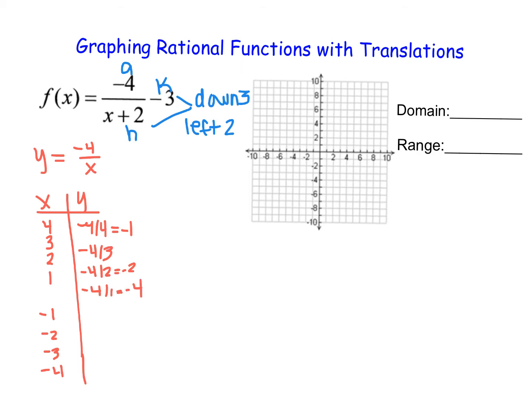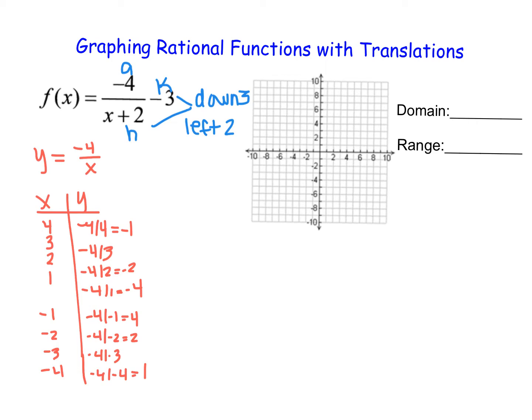I then also have -4 over -1, which is 4, -4 over -2, which is 2, -4 over -3, and -4 over -4, which is 1. So I've calculated my table of points here.